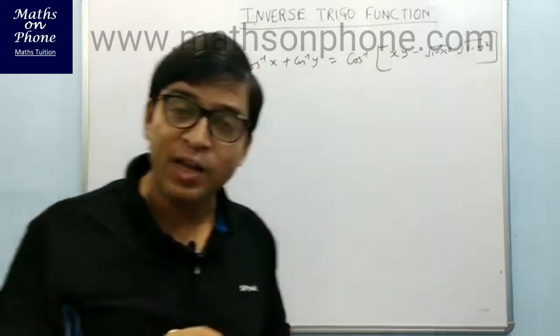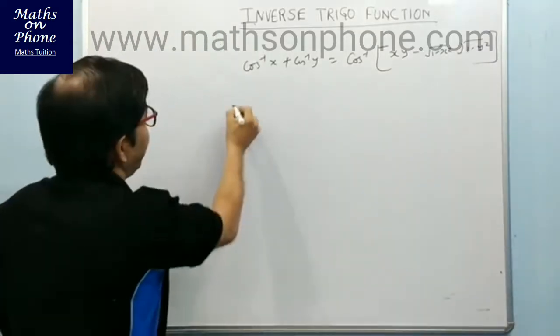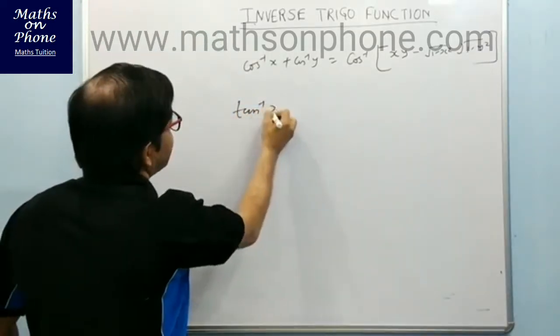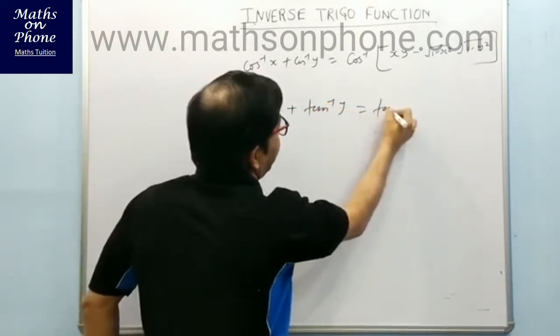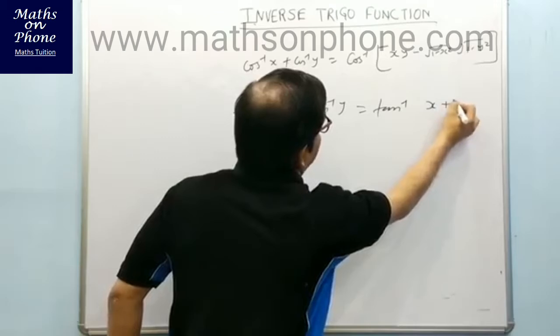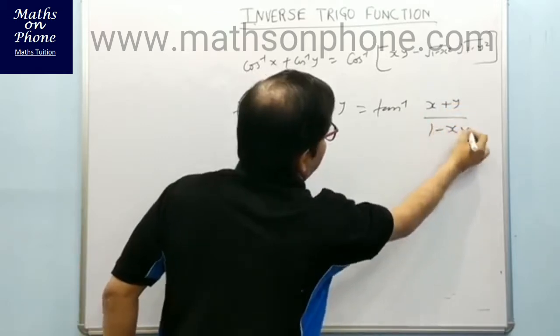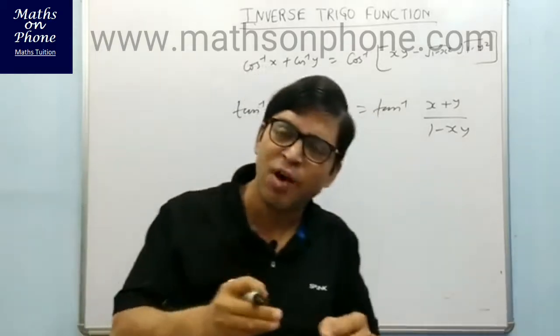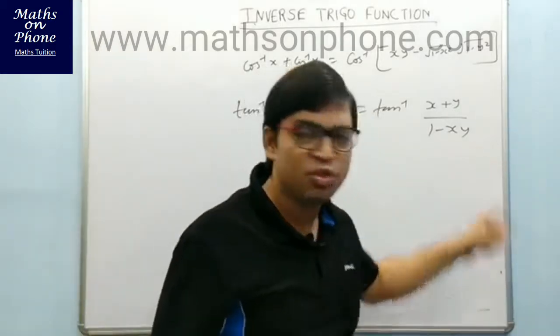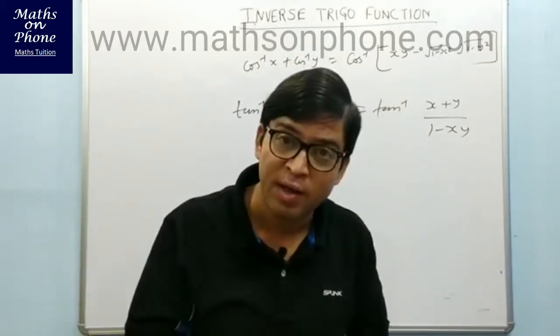Standard formula for tan inverse x plus tan inverse y: I am writing here tan inverse x plus tan inverse y is equal to tan inverse of x plus y by 1 minus xy. This is the standard formula. The meaning of standard formula is that x and y both are positive and x into y is less than 1.